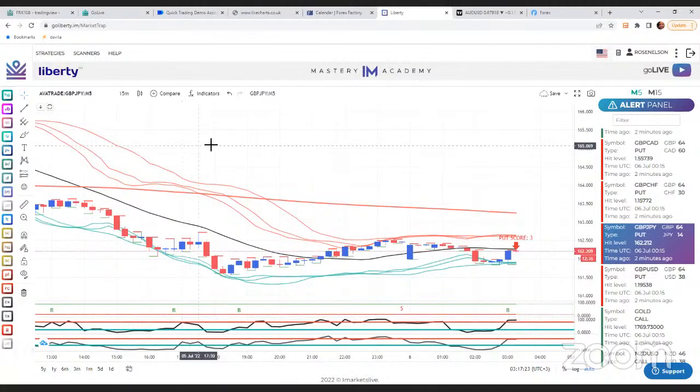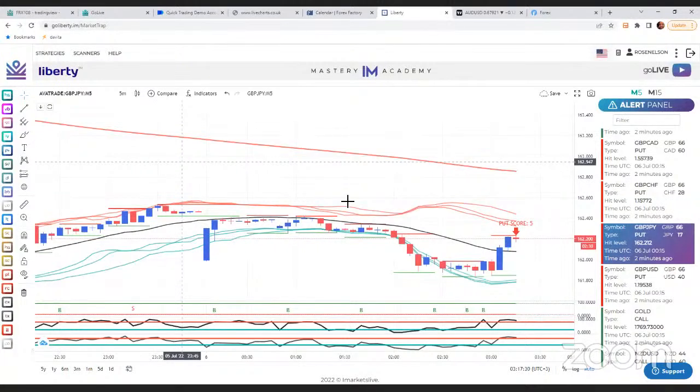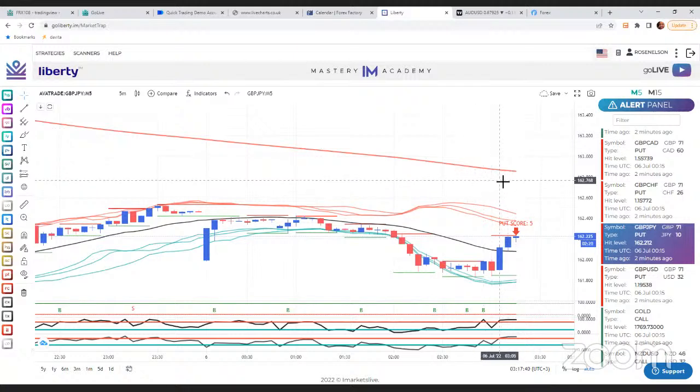If I don't have at least 3 out of 4, I do not bother. If it's not going according to the trend I saw right here, telling me that GBP is stronger than JPY for a buy, and the super trend is not buying, I do not go for it. So I've already eliminated GBP, JPY. Any question on why I eliminated it?